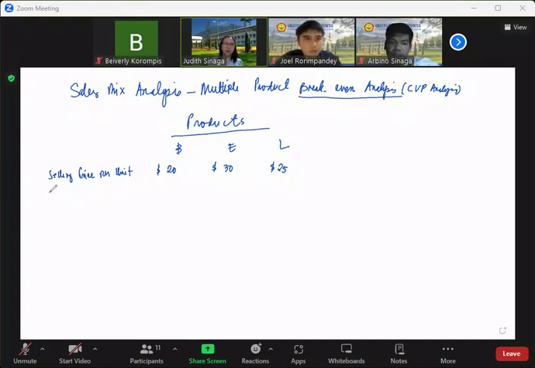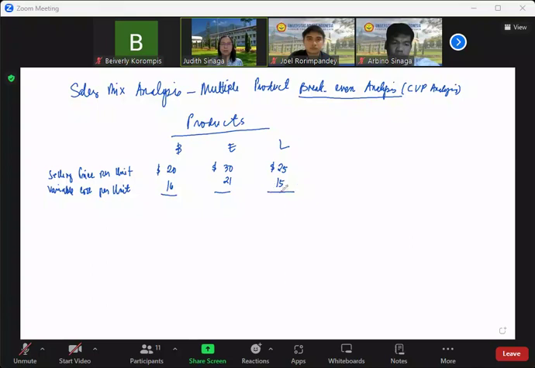Next, we have variable cost per unit. Bisa lihat ya. Cost per unit, you have 16, you have 21, you have 15.